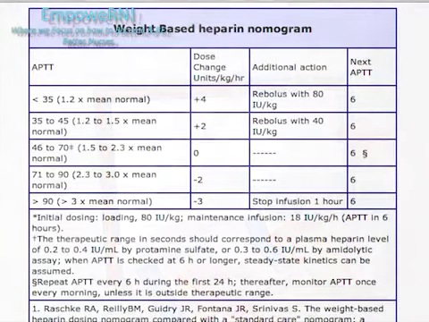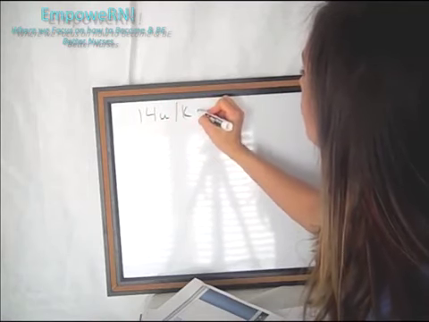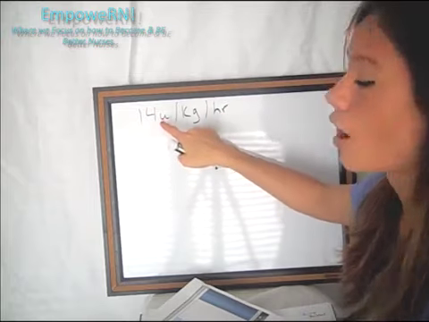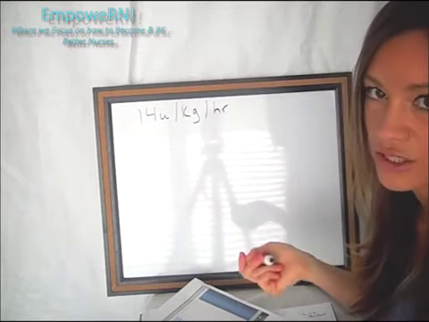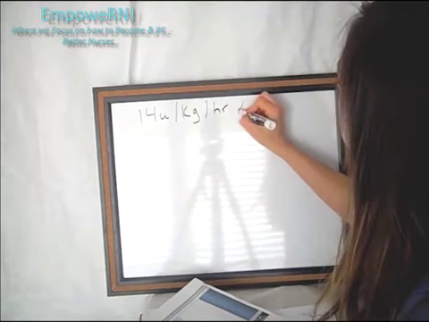So it's 36, so we're going to increase it by 2 units per kilogram per hour. So let's just go off our initial rate, which was 12. So we're going to increase that to 14, adding 2. So we take 14 units per kilogram per hour. And that's our ordered dose. Our patient, he weighs 150 pounds or 68 kilograms.